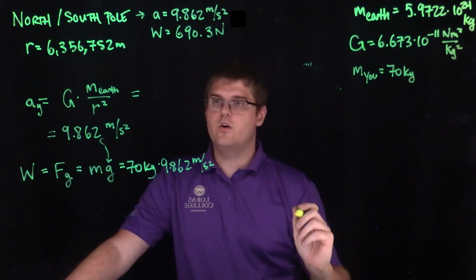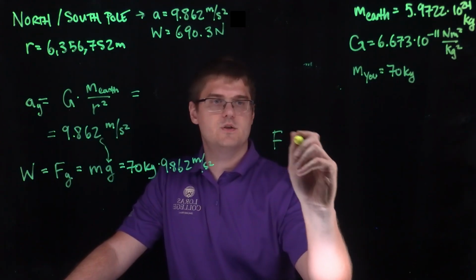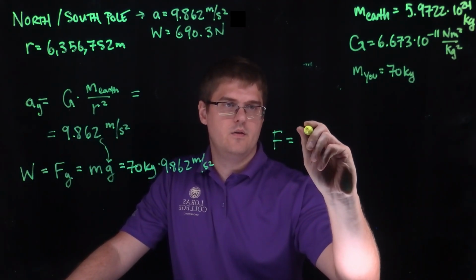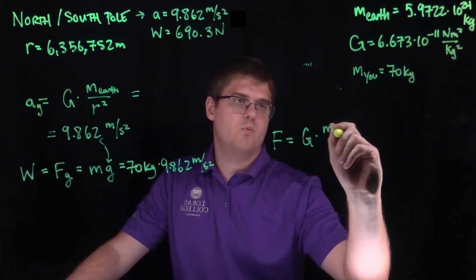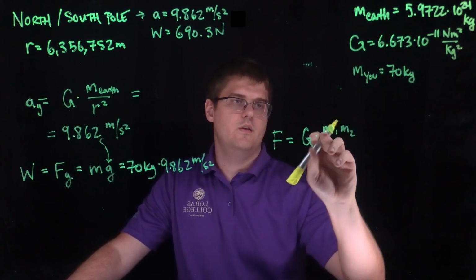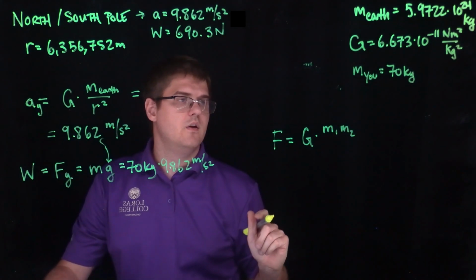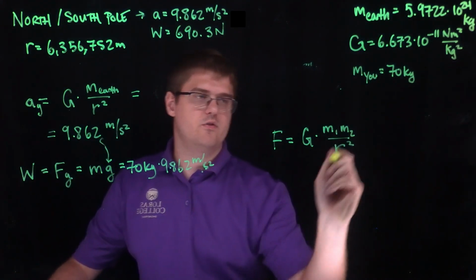Note that I could have done this in the opposite way, by just writing my other equation. My force is equal to the gravitational constant times mass 1 times mass 2. So this would be the mass of the Earth, this would be the mass of you, divided by r squared.